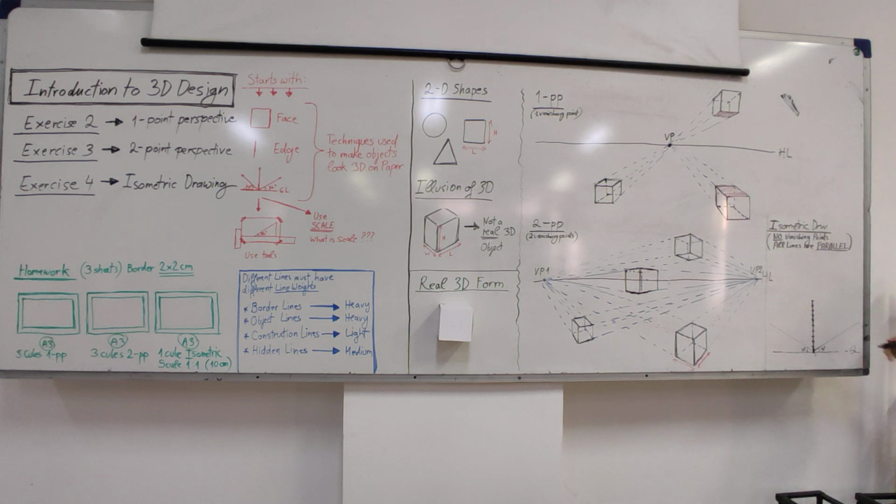Now we need to draw the other sides of the cube. The difference between this and these methods is that the lines are always at 30 degree, parallel to the other lines. So if I want to draw this line now, and this line, if I put an imaginary line here, this has to be 30, this has to be 30.